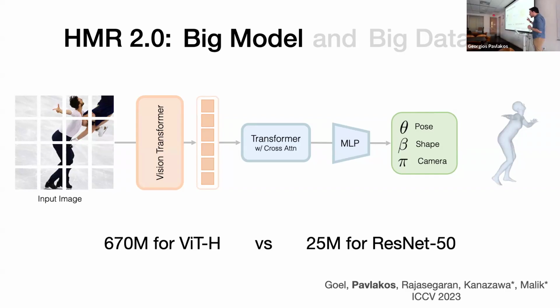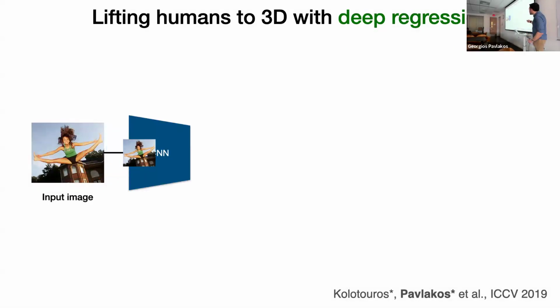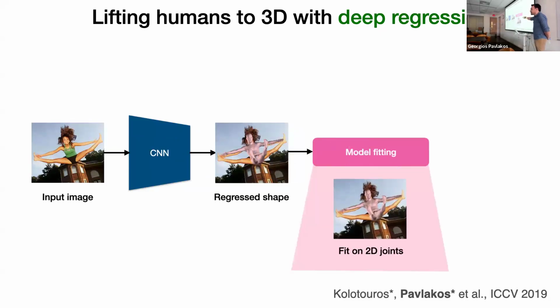The nice thing is that it goes into a bit more detail here. Because this is used in the loop, the model fitting approach is using the initialization from the network. As the network improves, the initialization also becomes better, so the model fitting converges to better fits in the output.